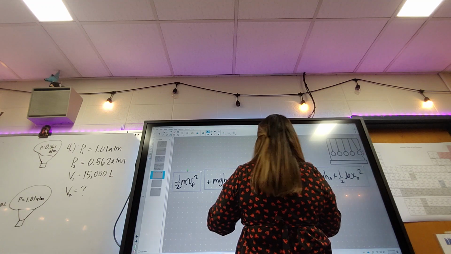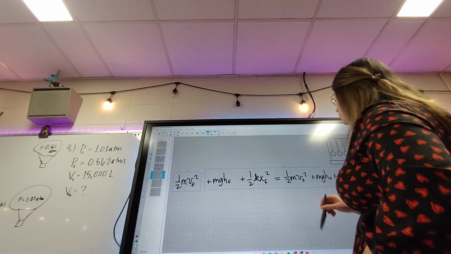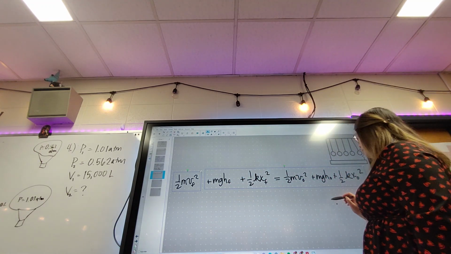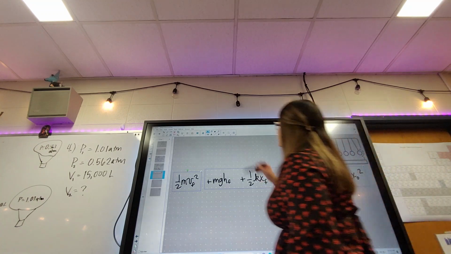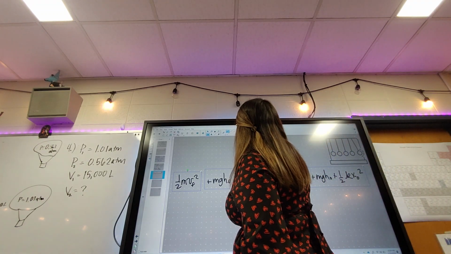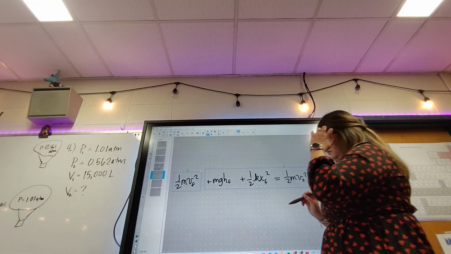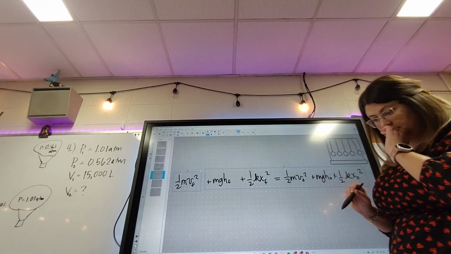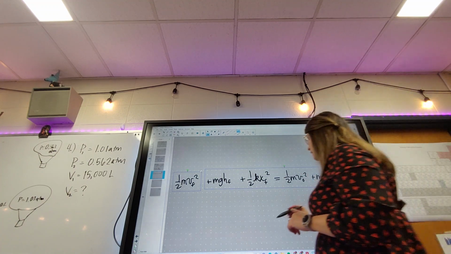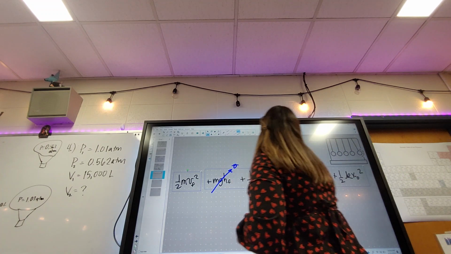Okay, so now using our data table, what can we do with this? Where can we put some zeros? There's no height, right? Yep, so we get both of those.